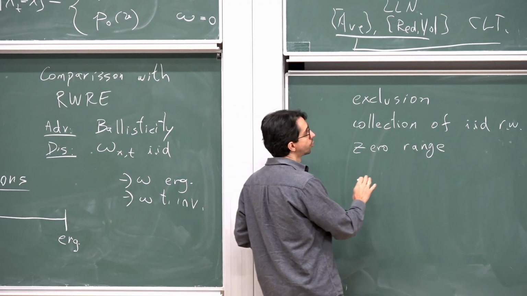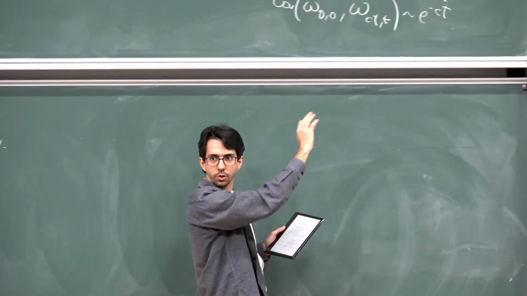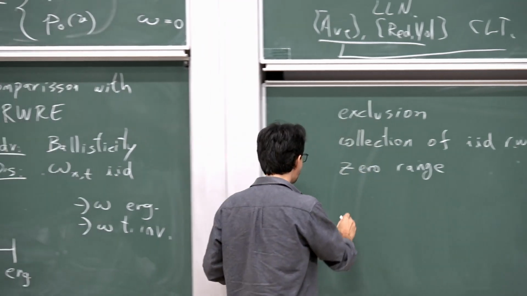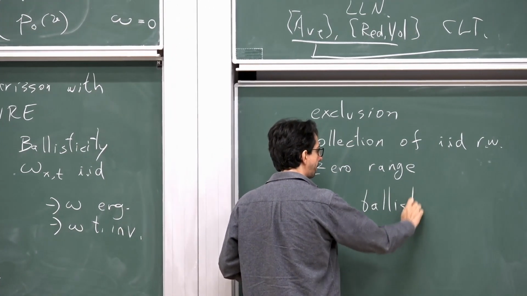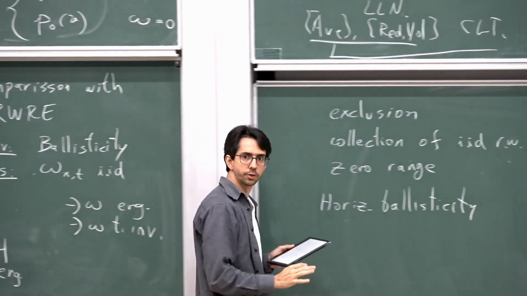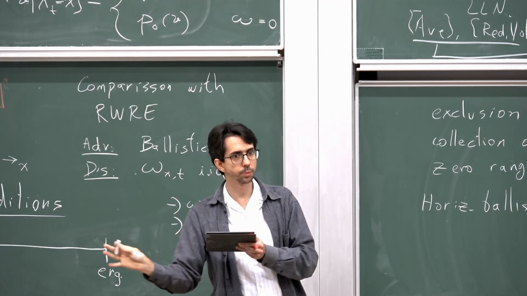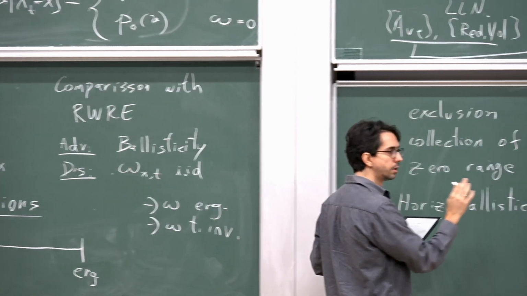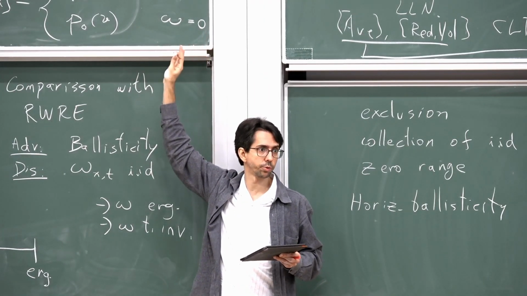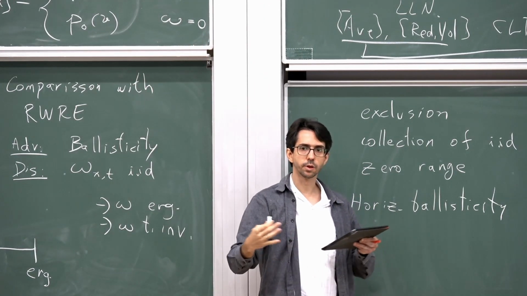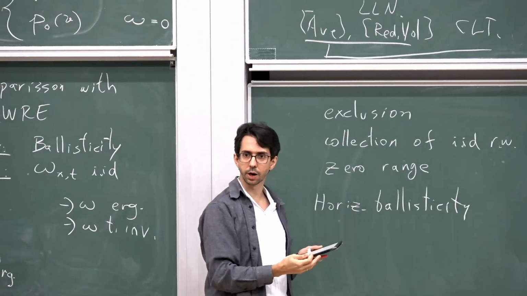but I can try to summarize very poorly what is understood now. So because of this decoupling, this horizontal decoupling, when it makes sense, if you have a horizontal ballisticity as well, remember, the vertical ballisticity comes for free, but sometimes you force yourself to have a horizontal ballisticity as well, either by choosing your piece in a way that you always jump to the right more than to the left, or by taking some perturbative regime of high density in the exclusion such that you have a drift to the right.